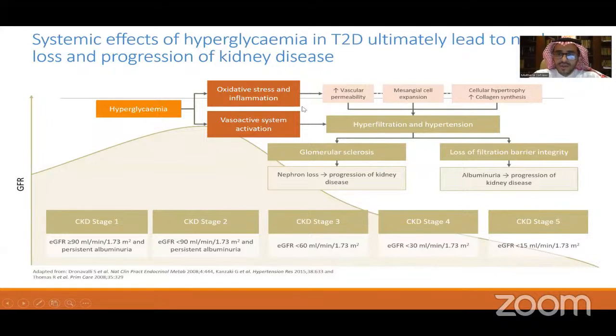Those can lead to an increase in vascular permeability, mesangial cell expansion, and cellular hypertrophy, leading to hypertension and hyperfiltration. And this can lead to glomerular sclerosis, which can result in nephron loss and the progression of kidney disease, and also can lead to the loss of filtration barrier integrity, leading to worsening of albuminuria and again progression of kidney disease.